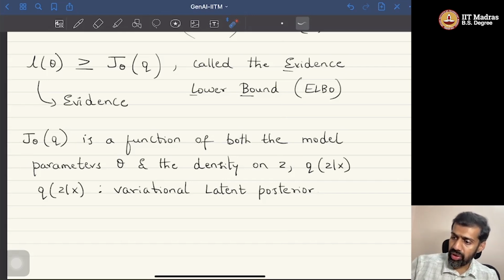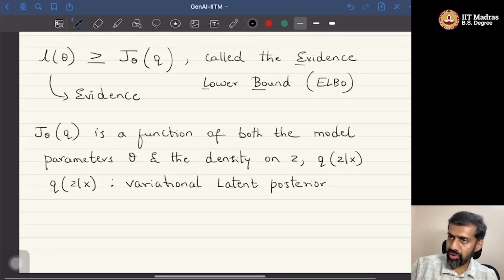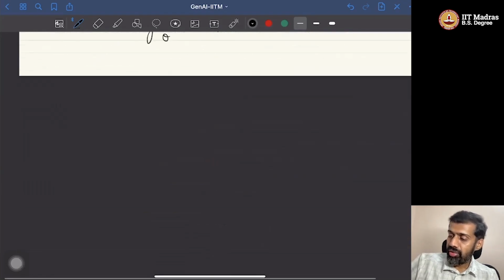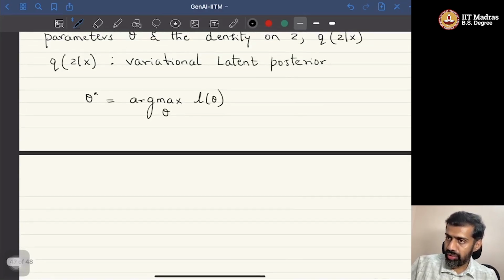Okay, now what is the story so far? We wanted to get theta star that would maximize the log likelihood with respect to theta. Remember that this is the minimum KL divergence estimate, and under a latent variable model we said that instead of maximizing this, we are maximizing a lower bound on this. We are maximizing the ELBO, which we called J theta of q.